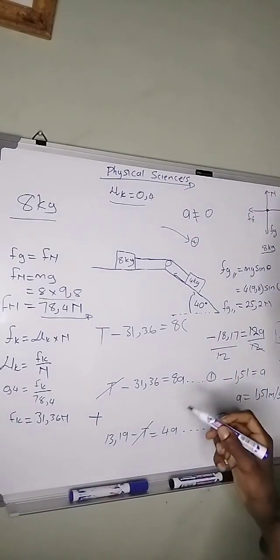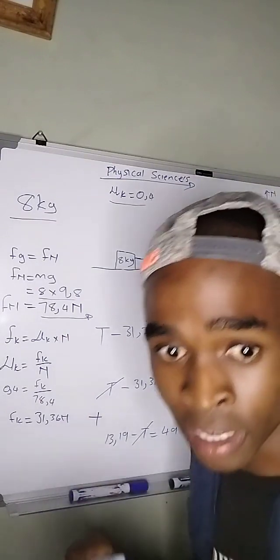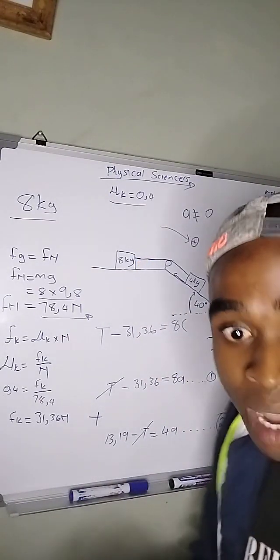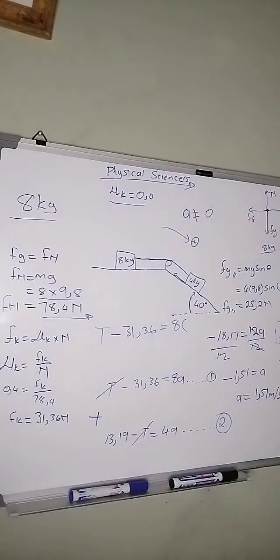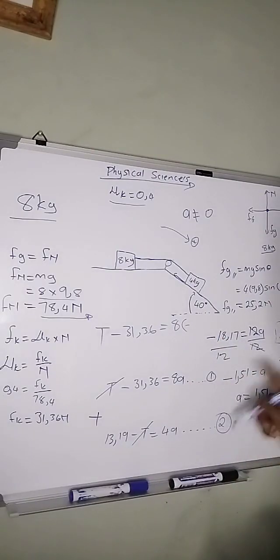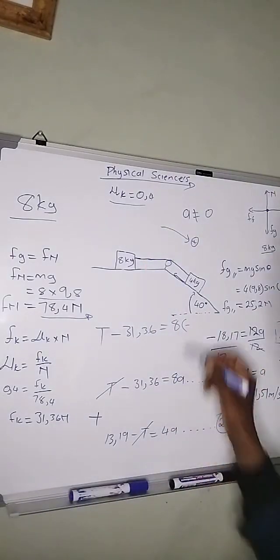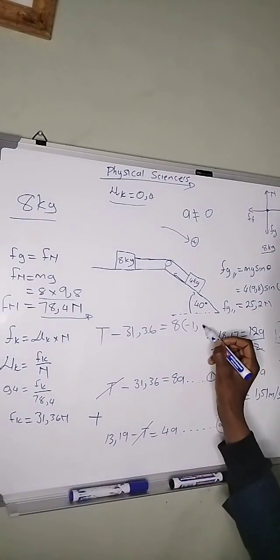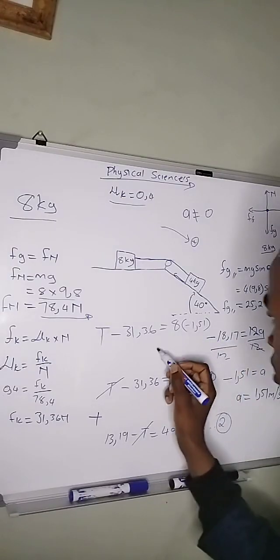And obviously, remember, we are plugging into equation number 1, right? So we are going to plug in the negative value, because this one is in the opposite direction. So it's going to be negative 1,51. Then what is the multiplication here?